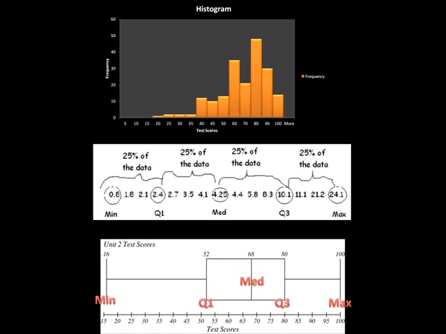The box and whisker plot and the histogram are the same data. They just present it in a slightly different fashion, but using both is extremely powerful, because it takes one unit of data and discovers, okay, these are the strengths, these are the weaknesses, and this is what you can use it for.